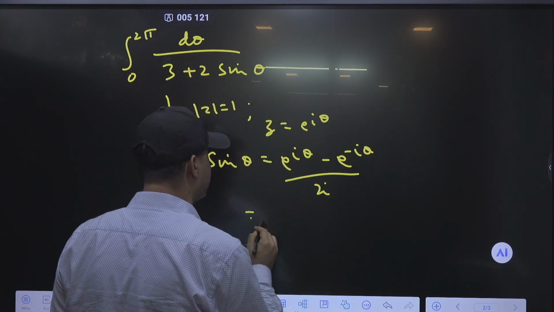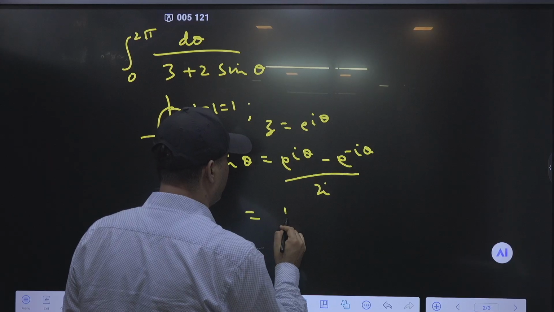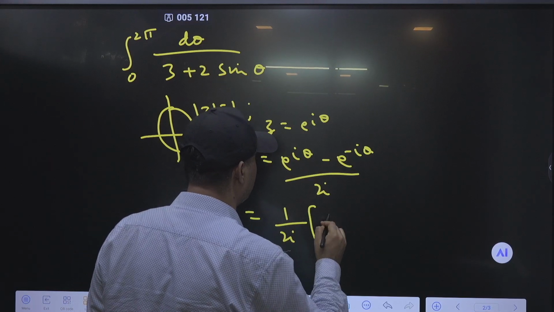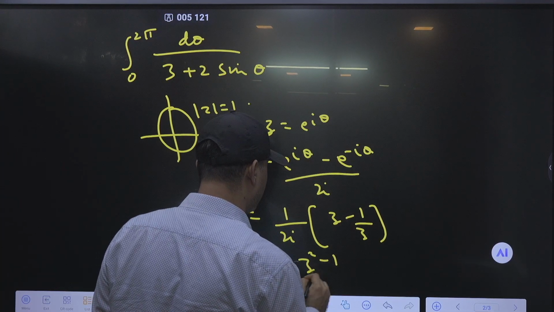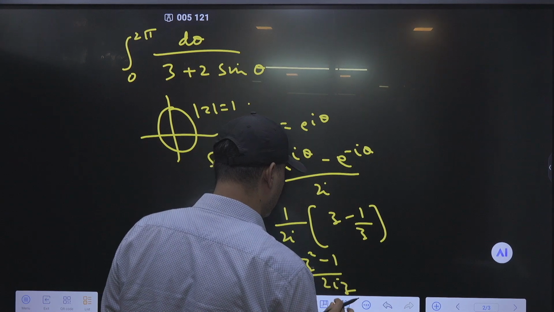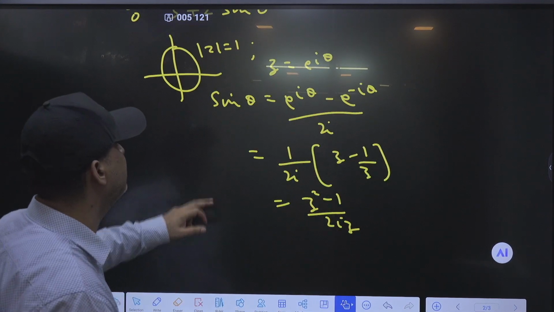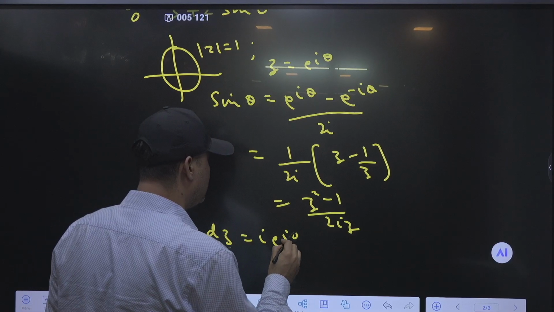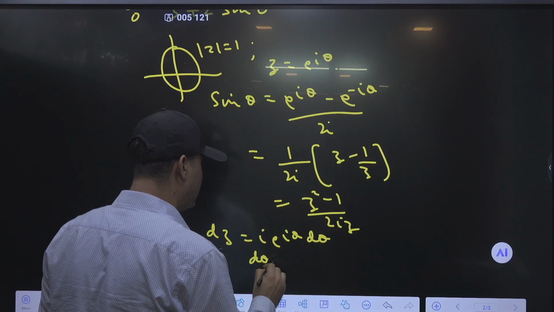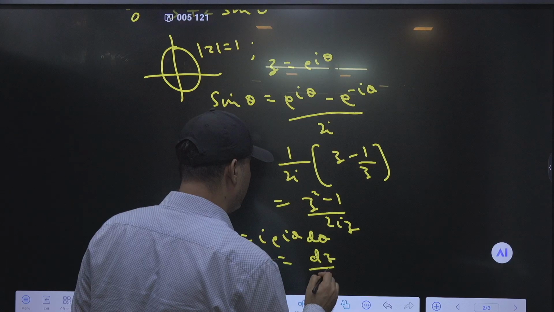Now this can be written as 1 upon 2i, z minus 1 by z. This is equal to z square minus 1 upon 2iz. Now I also want the value of dz. dz is i e to the i theta d theta. So d theta is nothing but dz upon iz.